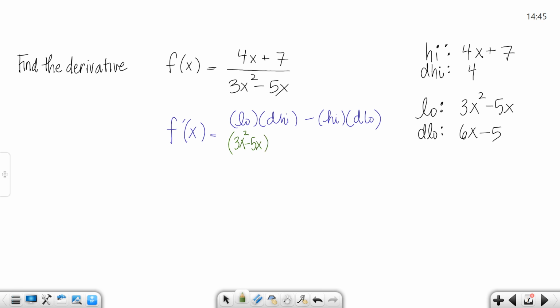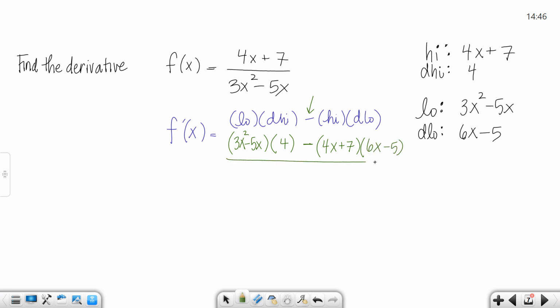That's my low function. D high is 4. There's a minus. That minus is in the definition. That's where it comes from. Low d high. Minus my high function, which is 4x plus 7, d low. So d low is 6x minus 5.